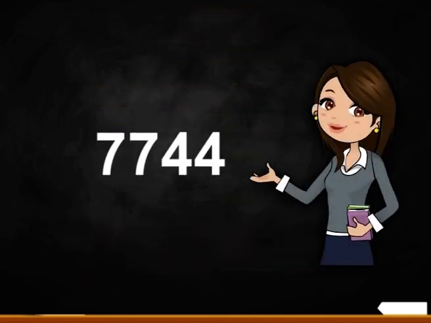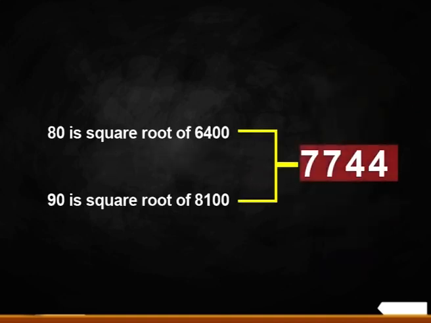Where does the number 7744 lie? We can easily find that the number 7744 lies between 6400 and 8100, which are the squares of 80 and 90 respectively.